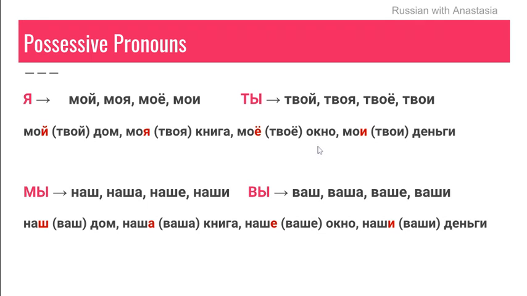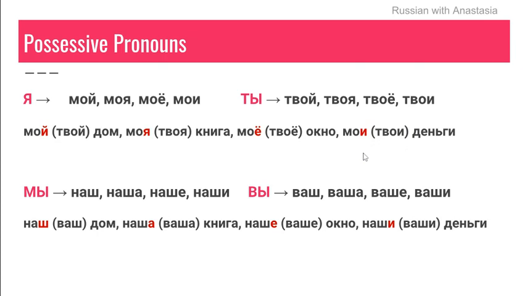Моё, твоё окно, neuter. Мои, твои деньги. My or your money. Деньги is plural in Russian, so we used мои and твои possessive pronouns.